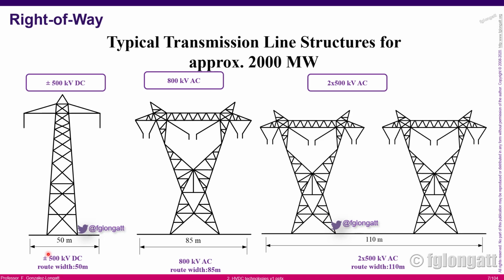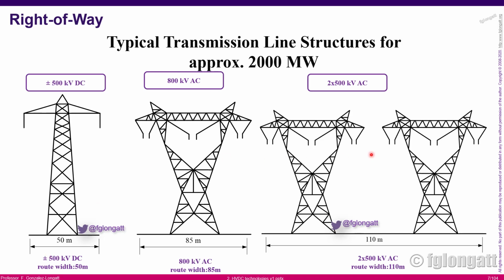You say 50 meters is not so much land, but if we are talking about an 800 kilometer transmission line, you multiply 50 meters by 800 kilometers, and you will get a massive amount of area that you need to buy in order to get the right of way for this transmission line. What I'm telling you is, if we have a small right of way, we need to spend less money for the right of way, and as a consequence, the cost of installing this transmission line will be reduced.